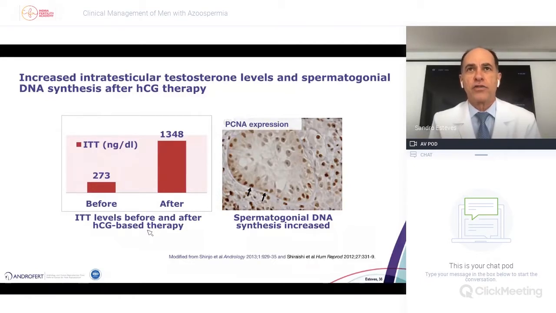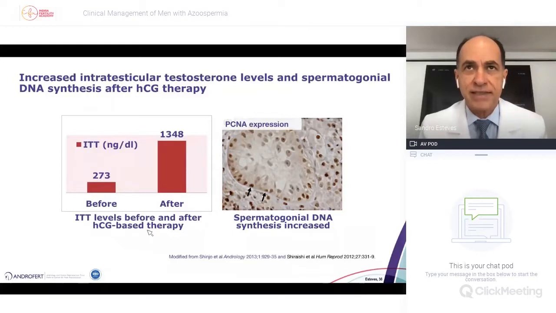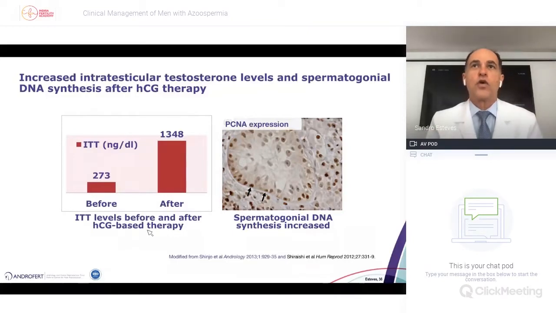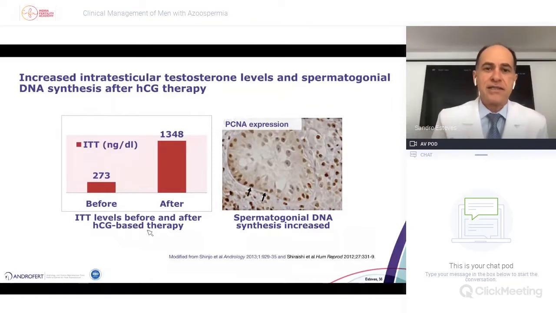So when we check the testosterone levels in the peripheral blood and we get, let's say, 200 nanograms per deciliter, the intratesticular testosterone level is usually 100 times higher. So we need a lot of intratesticular testosterone to sustain spermatogenesis up to a certain limit.